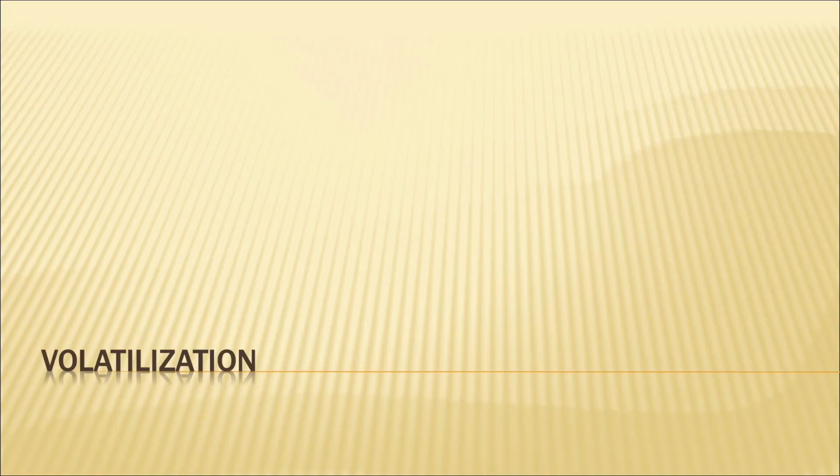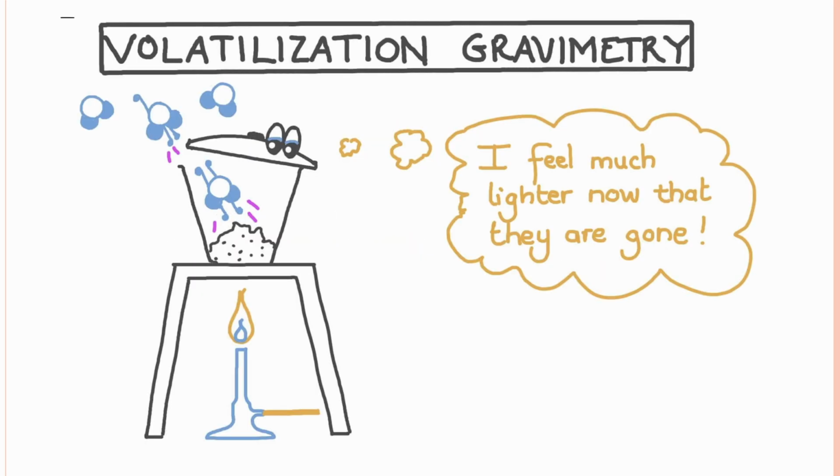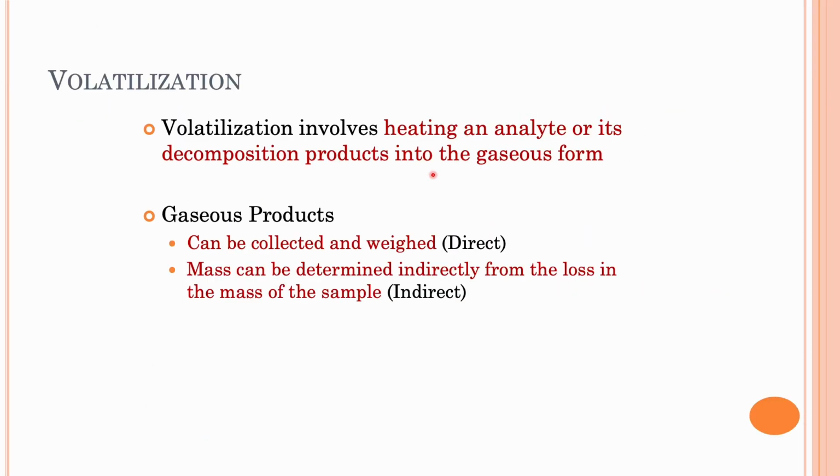The next type of gravimetric analysis we're going to be looking at is volatilization, and this involves heating without the precipitation step occurring beforehand. Volatilization involves heating an analyte or its decomposition products into the gaseous form. It can be direct or indirect. With direct, you're going to be collecting and weighing that gaseous product.